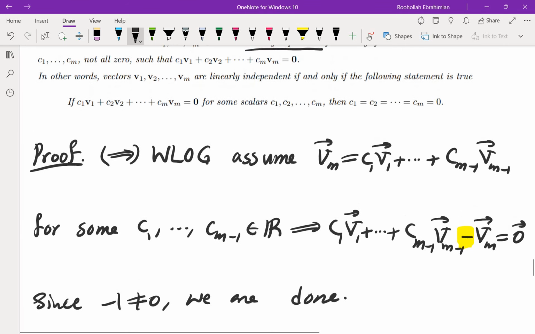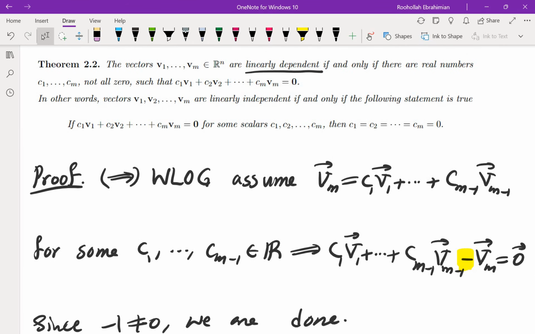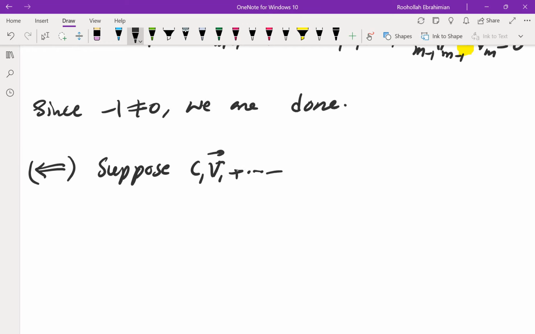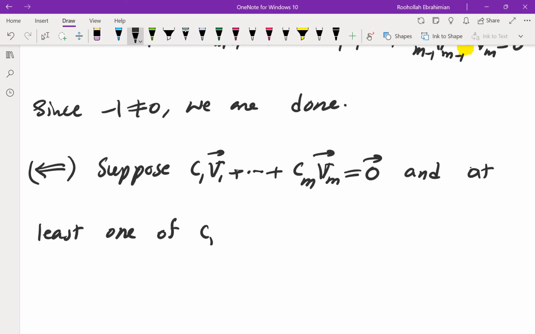Now let's look at the converse of this. So I have a linear combination that is 0, and I want to show that they are linearly dependent. So suppose c1v1 all the way to cmvm is 0, and at least one of c1 through cm is non-zero.